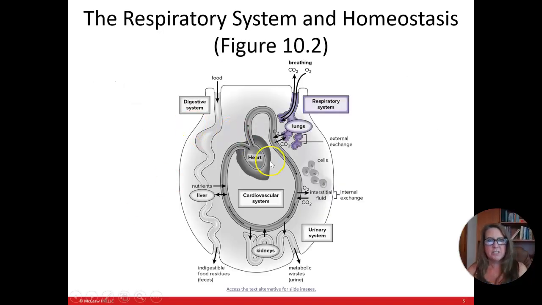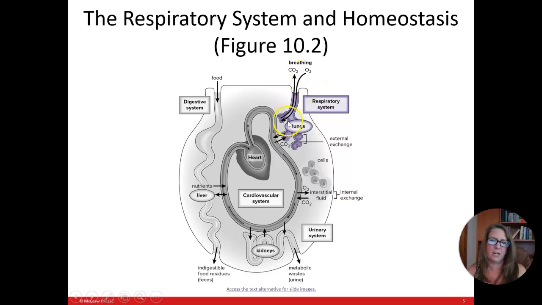Okay, so this is a revisitation of the figure from a previous chapter. I think it was chapter 5. This shows us all these systems that are intertwined by essentially the cardiovascular system. Here in purple, up in the upper right-hand corner, we see the respiratory system. So breathing, we are doing essentially inspiration and expiration.